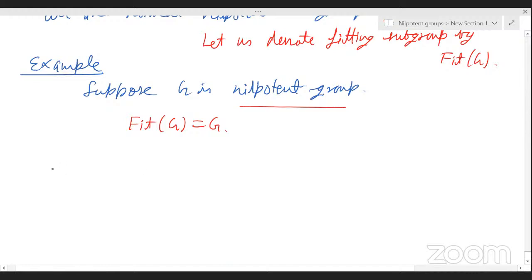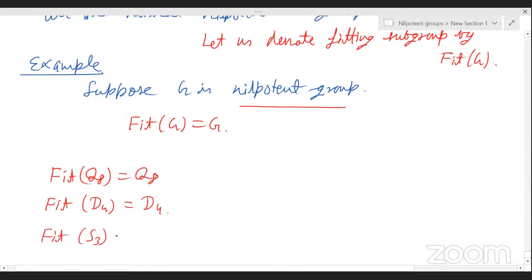So in this way, what is the Fitting subgroup of Q8? This is Q8. Fitting subgroup of D4. This is D4. What is the Fitting subgroup of S3? Is it S3? Can anybody answer? What is the largest normal nilpotent subgroup of S3?